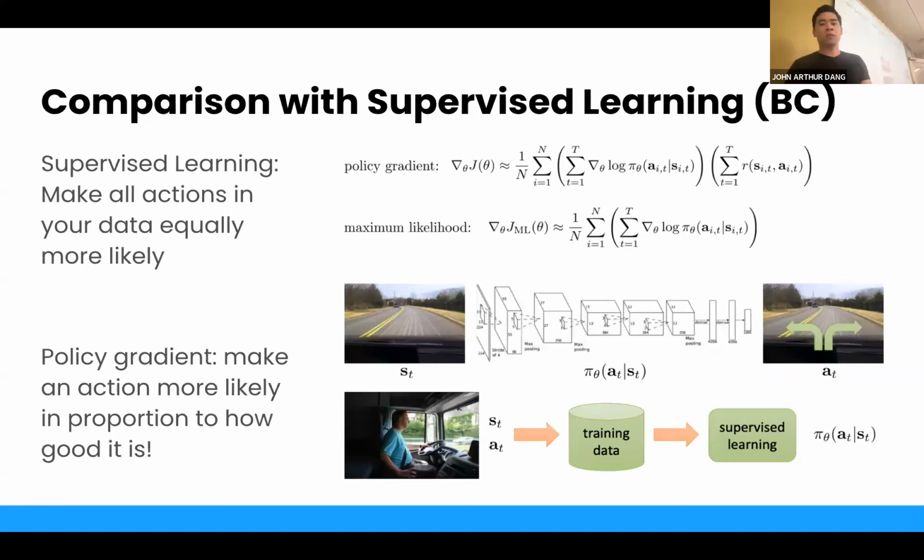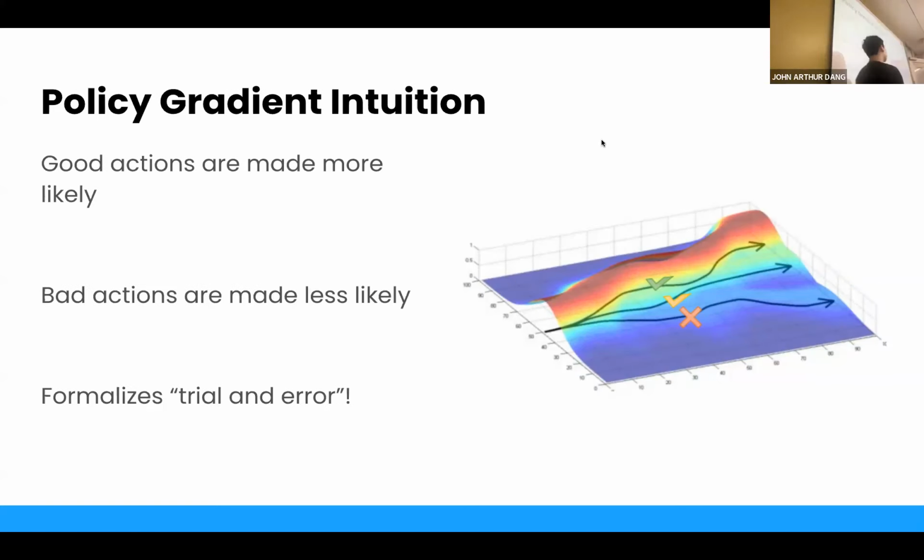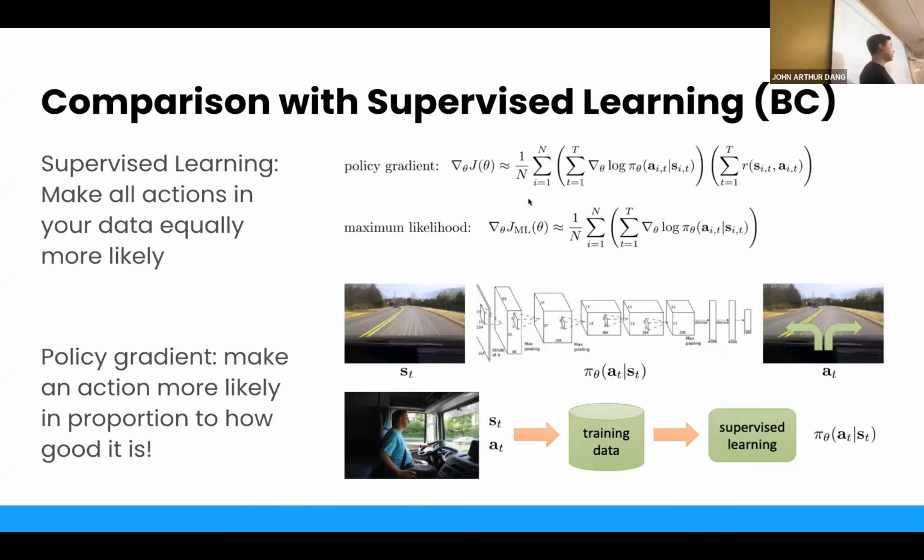Sure. So say our N here is 3. We have 3 trajectories that we sampled. The 3 trajectories look like this, and this color heat map tells us how much reward we got for each of those trajectories. This is what our gradients look like for policy gradients and for maximum likelihood, which is supervised learning.